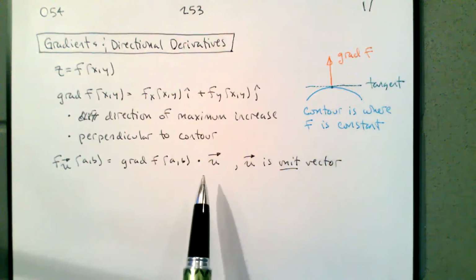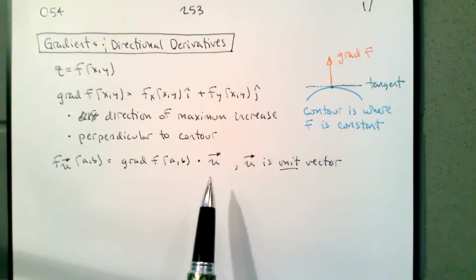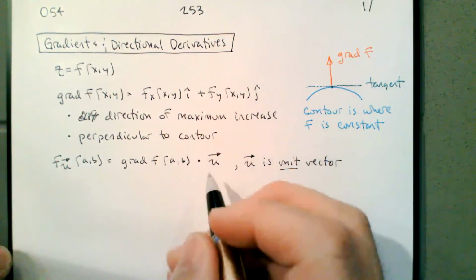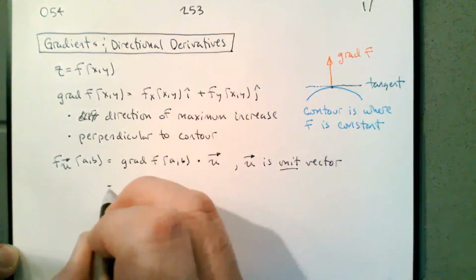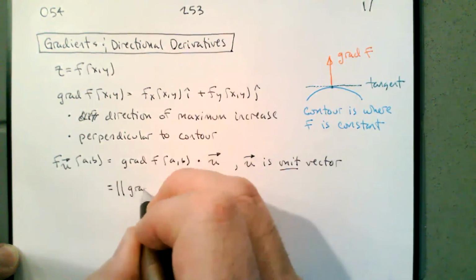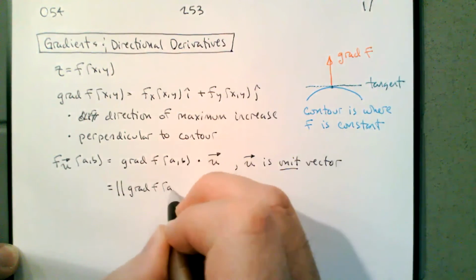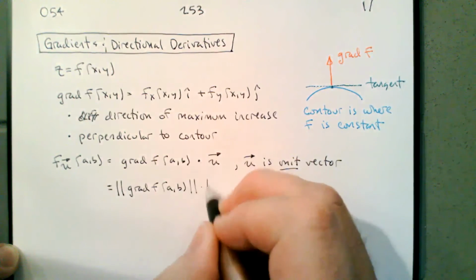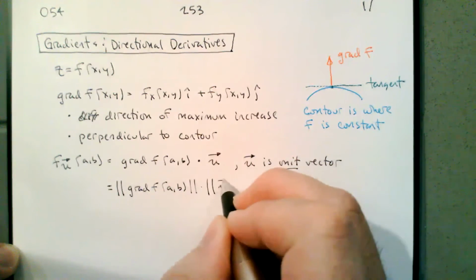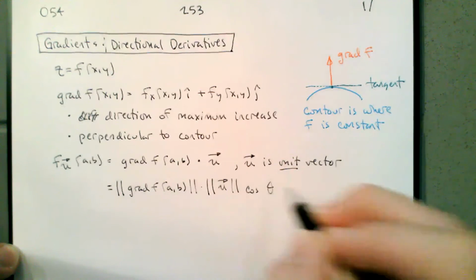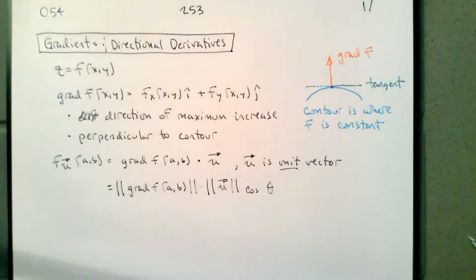We're using the dot product of the gradient and the direction we care about. Remember that the other way we calculate the dot product is to take the magnitude of one vector times the magnitude of the unit vector, which will just be 1, times the cosine of the angle between the vectors.